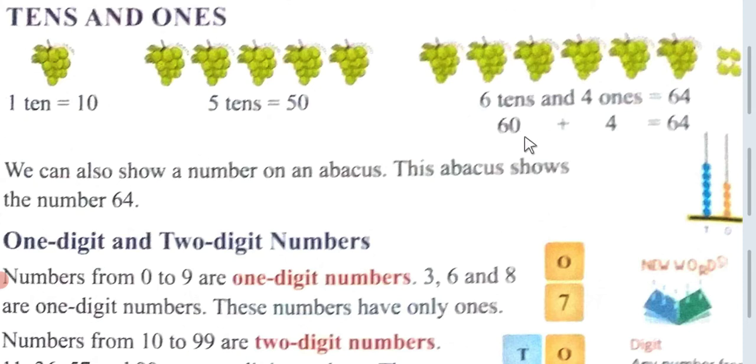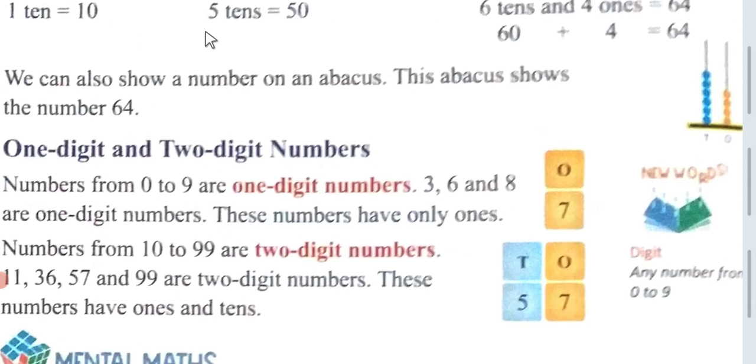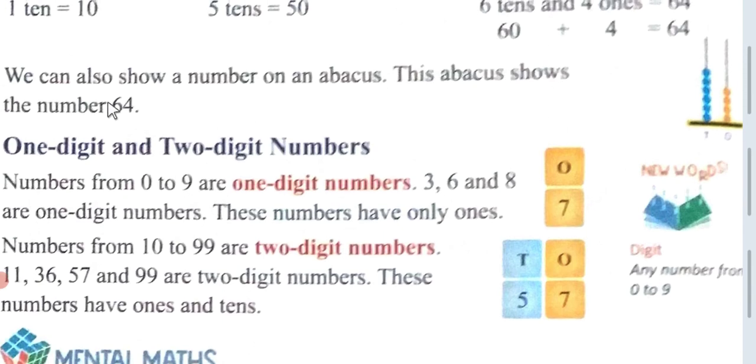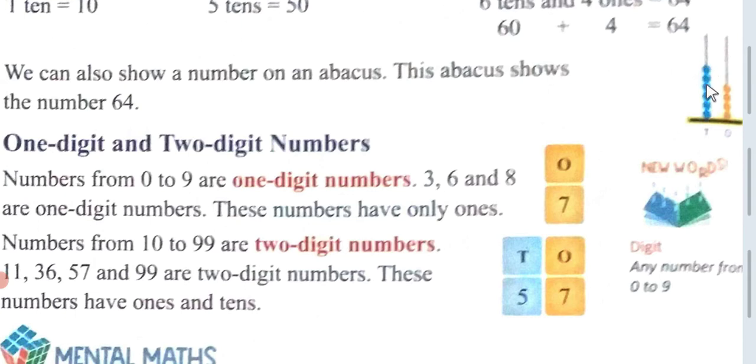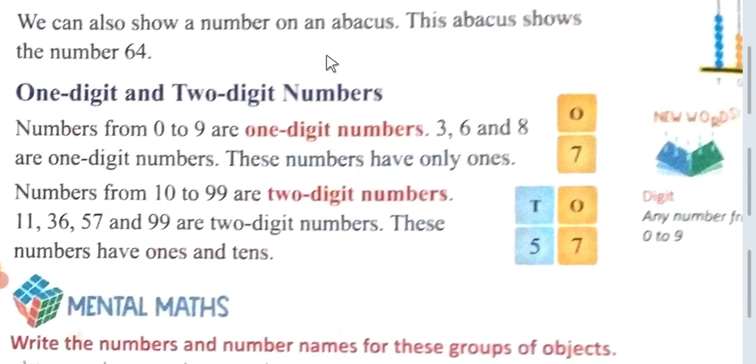So 6 tens plus 4 ones is equal to 64. We can also show the number on an abacus. So this abacus shows the number 64. Here you can count 1, 2, 3, 4, 5, 6 tens, and 1, 2, 3, 4 ones.